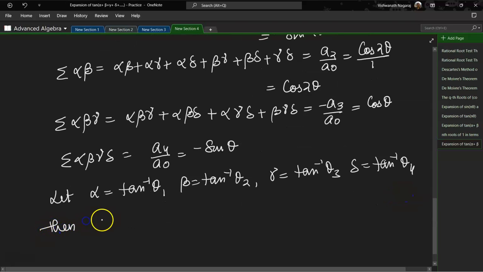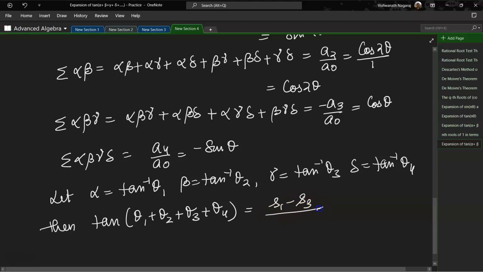Then tan of theta 1 plus theta 2 plus theta 3 plus theta 4 is going to be s1 minus s3 by 1 minus s2 plus s4.